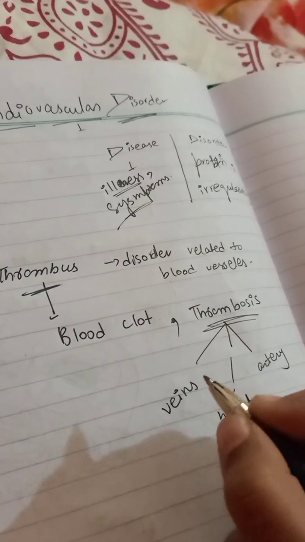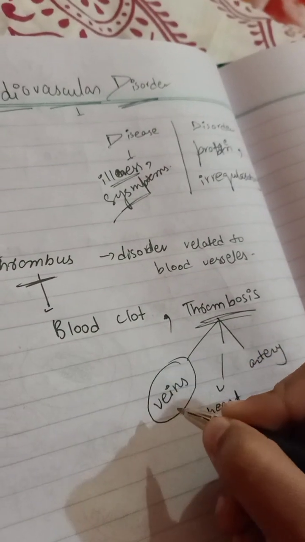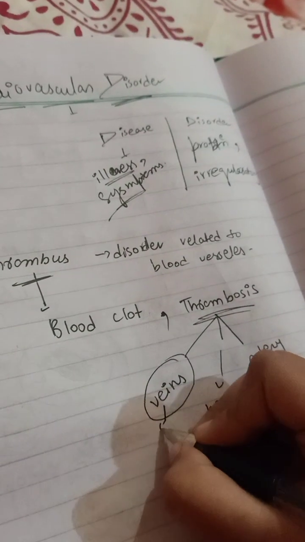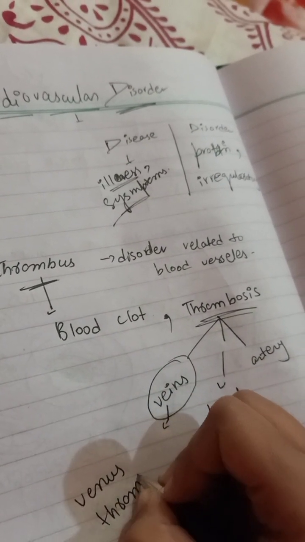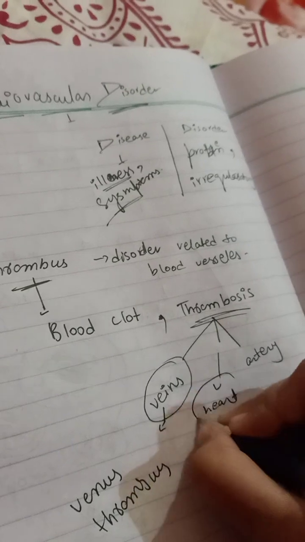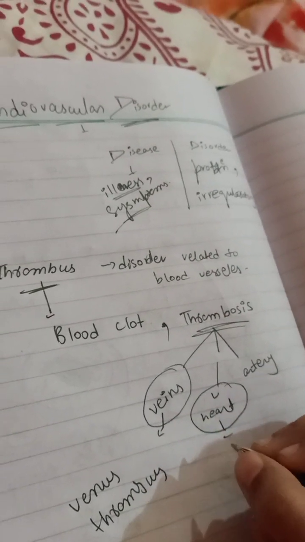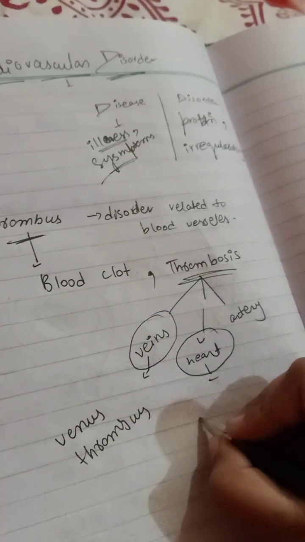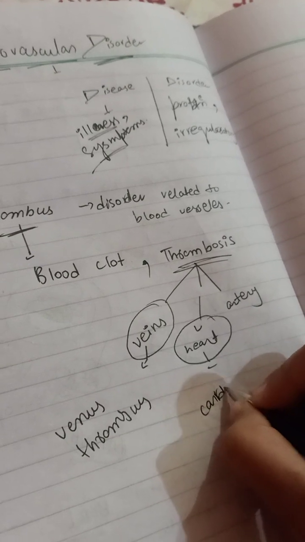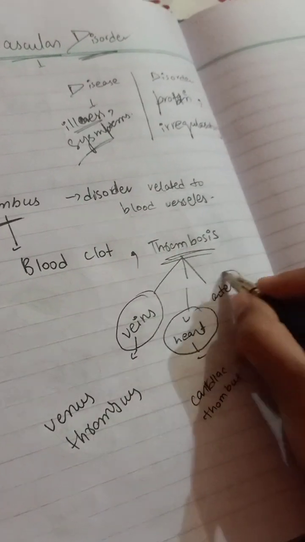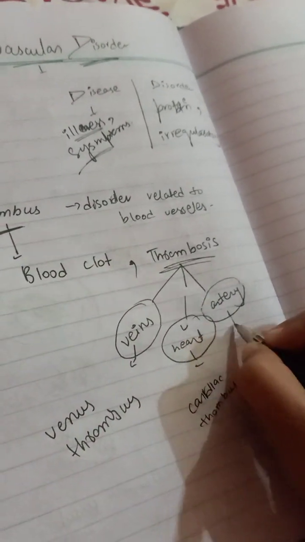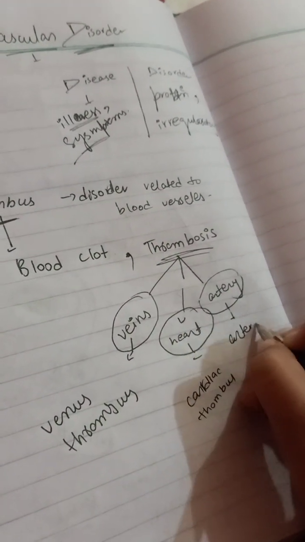If the thrombus is found in the veins, we call it a venous thrombus, the blood clotting in the veins. If we find blood clotting in the heart, we call it a cardiac thrombus. If we find blood clotting in the artery, we call it an arterial thrombus.